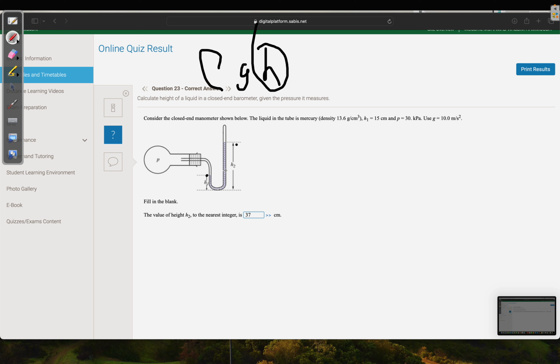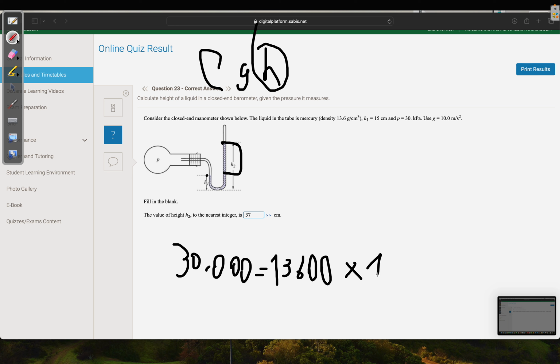So we're gonna do 30,000 is equal to 13,600, which is the density, but we have to convert it to kilograms per meter cube, times 10 times height 2, which we don't know, minus 0.15.